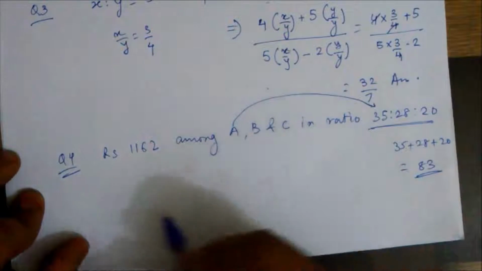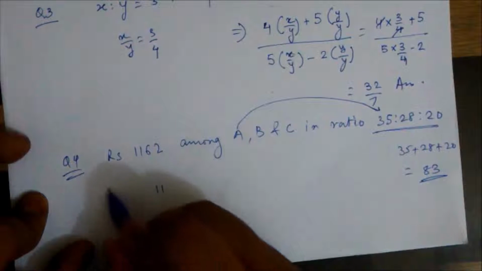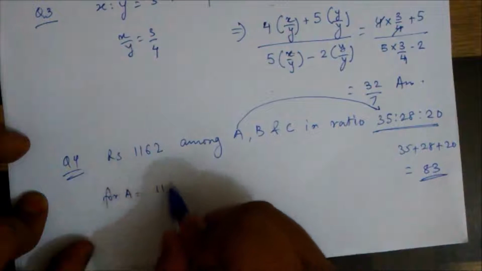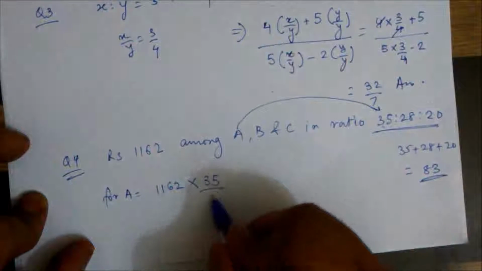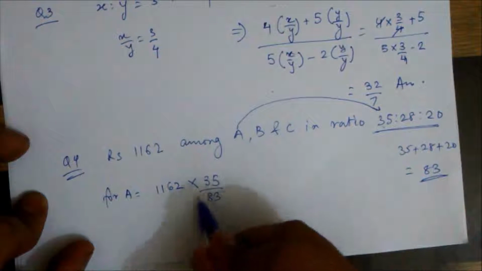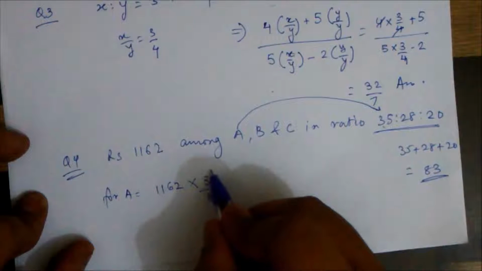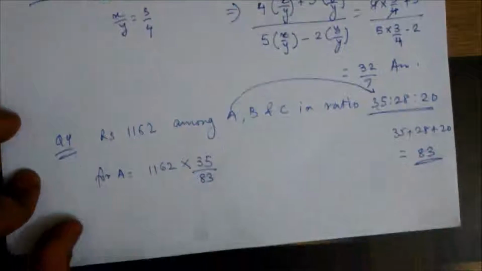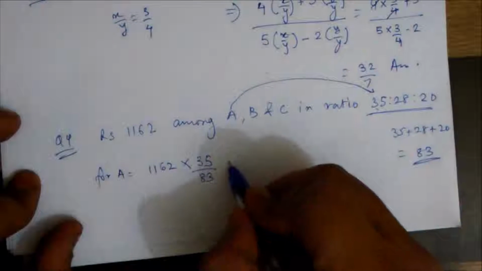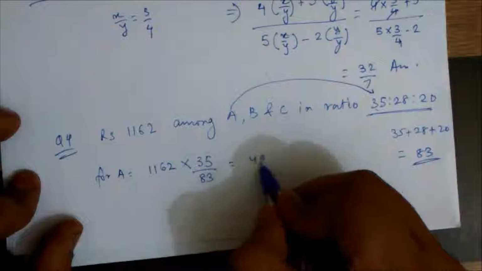So calculating for A, 1162 multiplied by 35 by 83. This was the whole sum, and in this whole sum A had the share of 35. So this can be easily calculated, and the final answer for this will be 490.